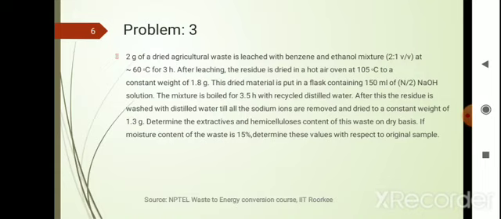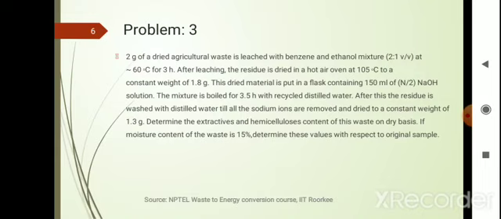This dried material is put in a flask containing 150 milliliter of N/2 NaOH solution. The mixture is boiled for 3.5 hours with recycled distilled water. After this, the residue is washed with distilled water till all the sodium ions are removed and dried to a constant weight of 1.3 gram.